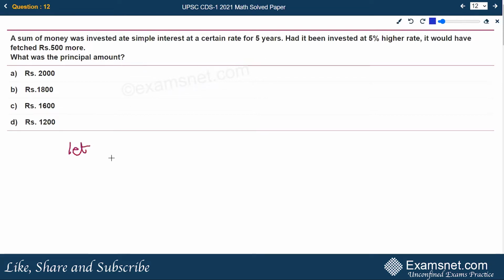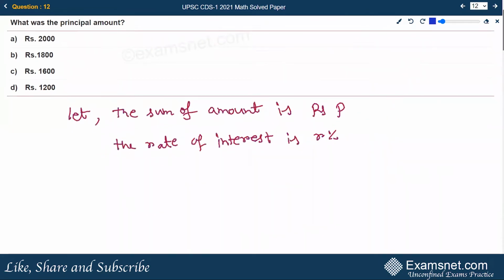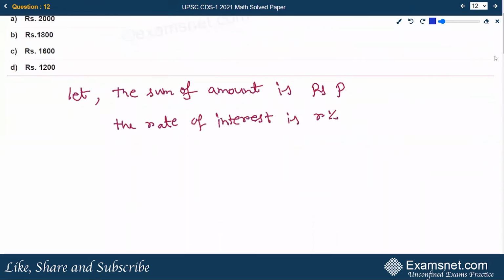So we can assume the sum of amount is rupees P and the rate of interest is R percent. Okay, so first we are investing it for 5 years, correct?